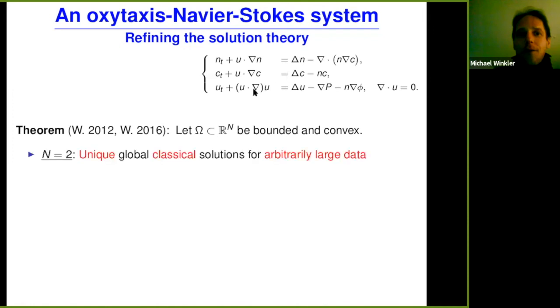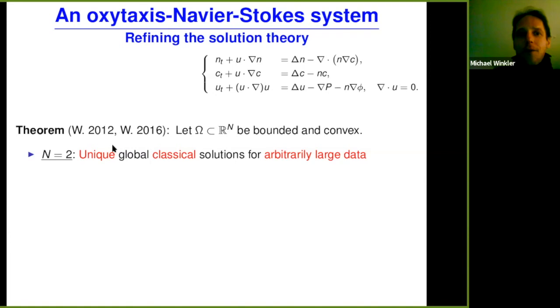Let us first go to the 2D case where both subsystems, the chemotaxis one and the Navier-Stokes one, are not that complicated. In that case, you can dream of the full flavor result. You always have global classical solutions, and they are unique and so on.